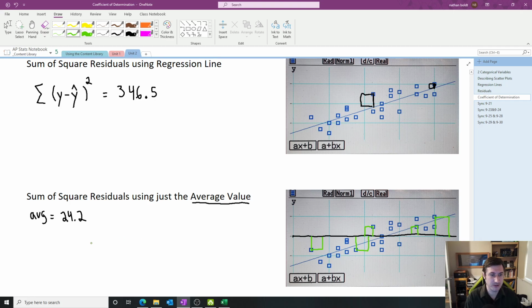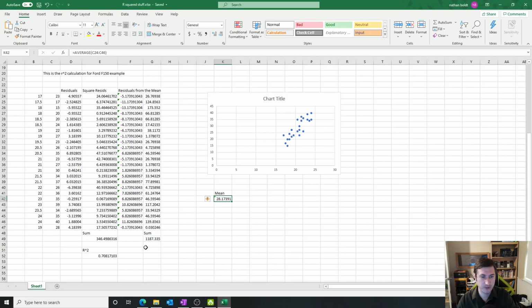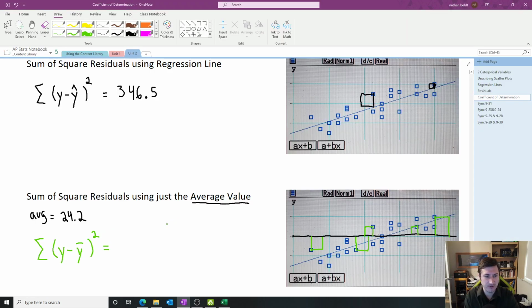And so here we do the sum of the squared residuals, but our residual, instead of using the predicted value, it's the average, y bar. Now this number is going to be much, much bigger. So that's 1,187, roughly.